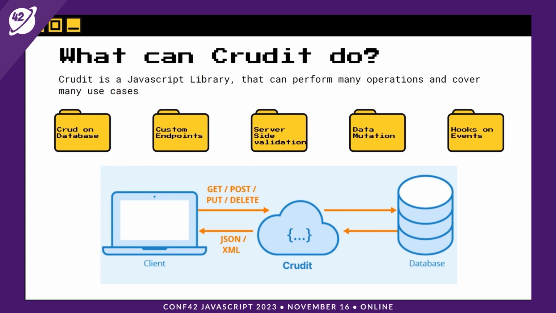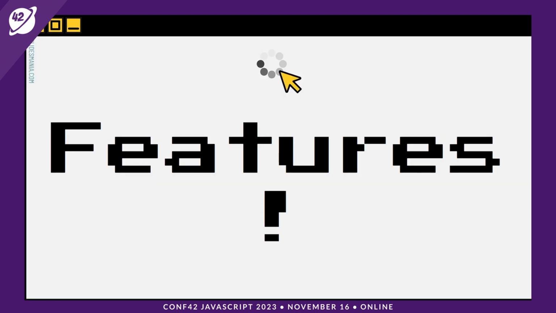You can add server-side validation, so your data will be clean and there won't be data in a collection that doesn't respect the validation. You can mutate existing data and you can add hooks on events that happen on the database.